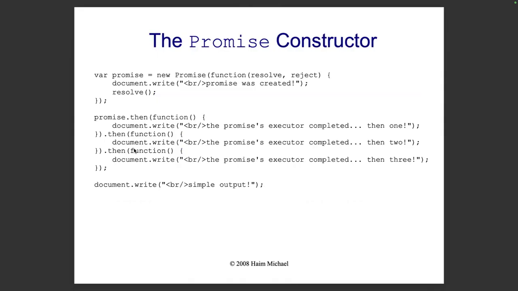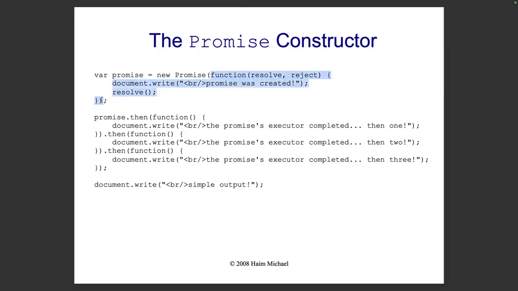Like in this case, as you can see, I create a new object using the promise constructor function. I'm expected to pass over a function. That function will include code that will be executed asynchronously. Well, usually it will include more than just one line. Usually it will include multiple lines. It will be a long function.